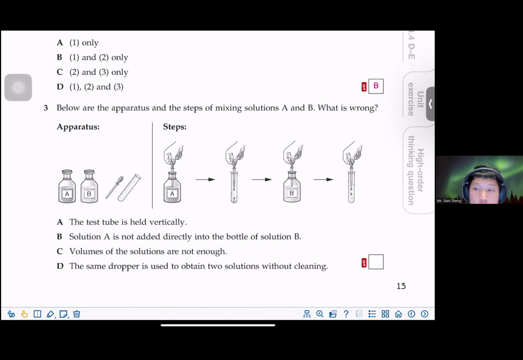How can we clean the dropper? We will use our dropper to squeeze and get some liquid, so in this case we can clean the inner surface, or the inner wall, of the dropper. So the answer here would be D.